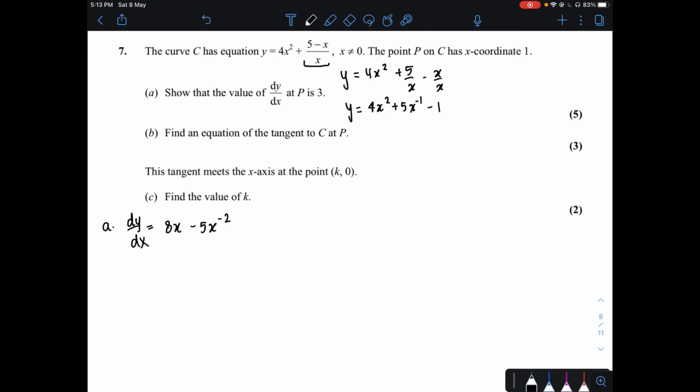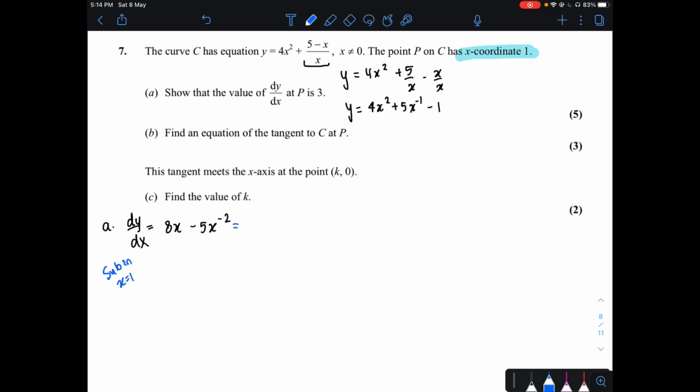Okay. So now we want to show that the value of dy by dx at P is 3. What are they really asking for us? They're asking us to substitute the x coordinate of P, which we already know is 1. So I have to sub in x equals 1 into the equation.